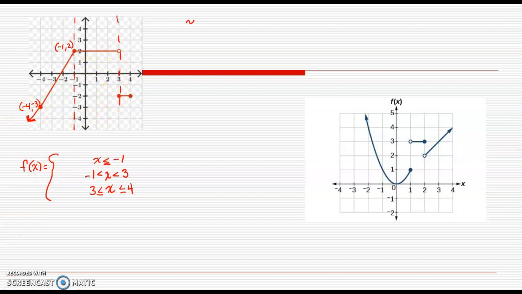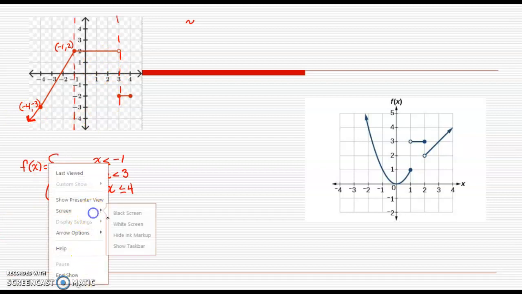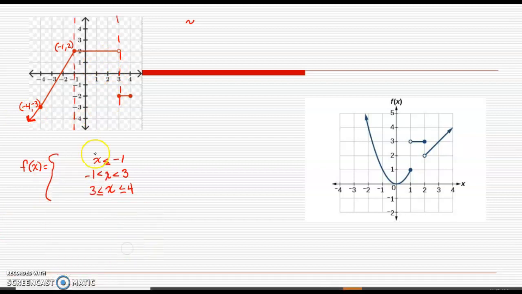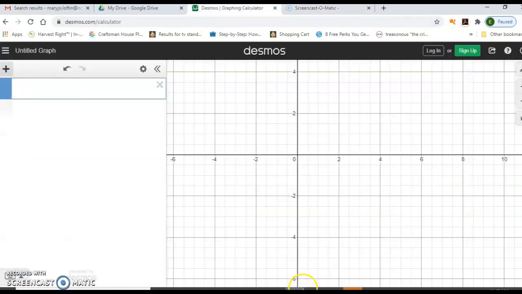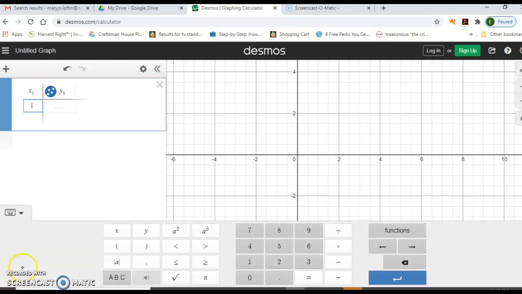Okay? So if we go to Desmos, I've got those 2 points, -1, 2, and -4, -3. And I'll put that right in. I'm going to add my table, and you've got -1, 2, and -4, -3.